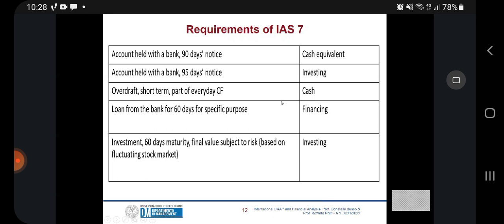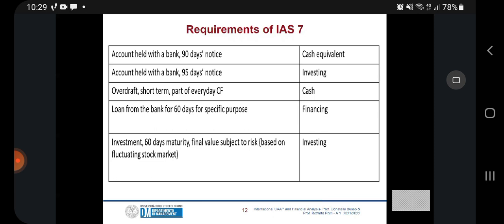So how can you notice an overdraft? Every time you look at the balance sheet and you find the bank account not as part of assets but as part of liabilities, even though it is not named overdraft there, that is an overdraft. So it does not have the name overdraft, but every time you find the bank account on the liability side, that is an overdraft.